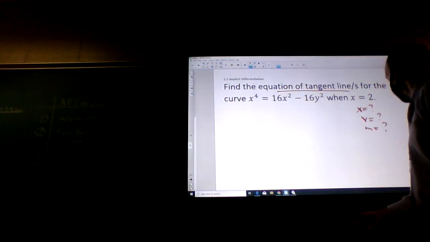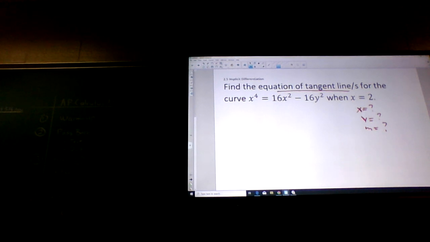Whenever you have something written like y equals the square root of 2x, we call this explicit. This is explicitly written. Or f of x equals sine squared x. Explicitly it's written that y is equal to this, y is equal to that.